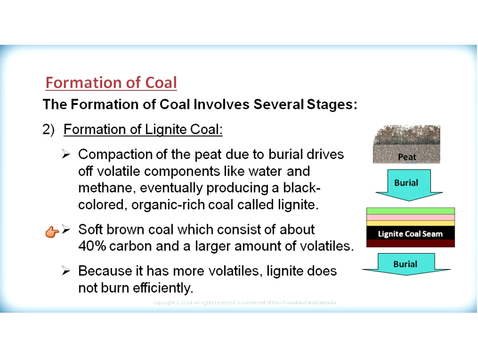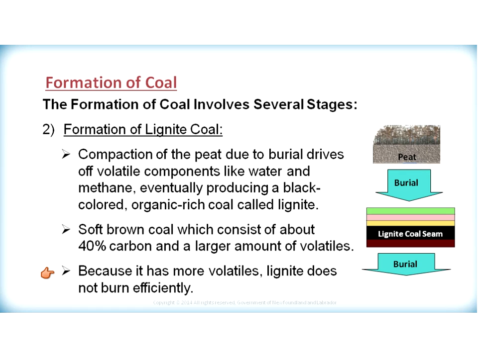Lignite coal is a soft brown coal which consists of approximately 40% carbon, and the larger amount, 60%, will be volatiles, gas components like water and methane. Because it has more volatiles, lignite does not burn efficiently.